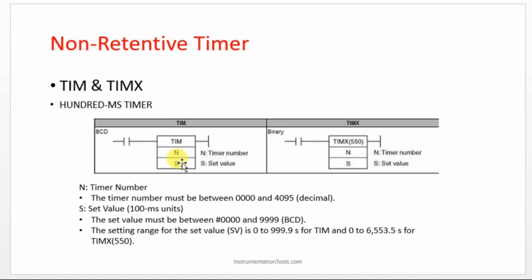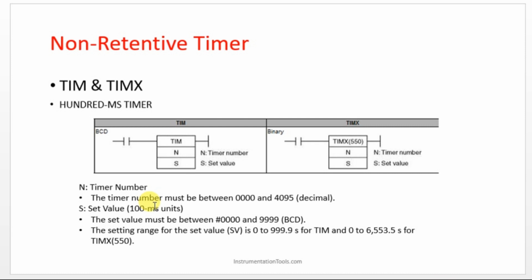TIM and TIMX are 100 milliseconds timers. That means to run for 10 seconds, you have to give the value as 100. For 20 seconds, you need to give the value as 200, because the time delay unit is 100 milliseconds. It is not a 1 second timer.